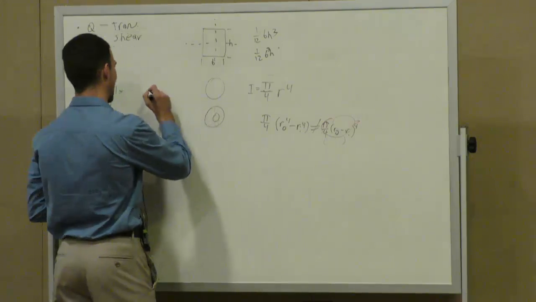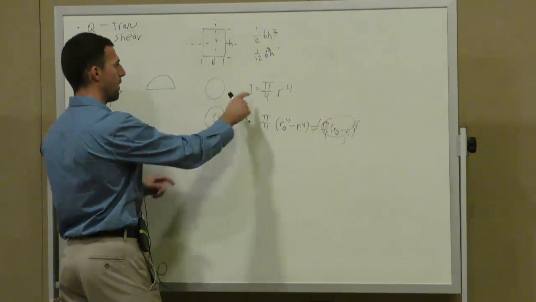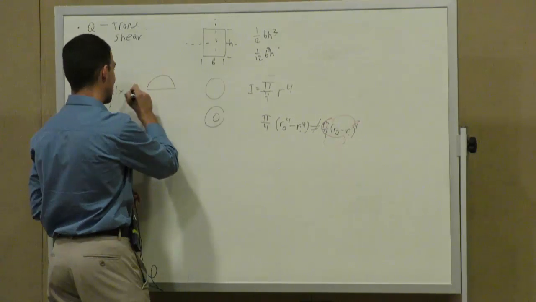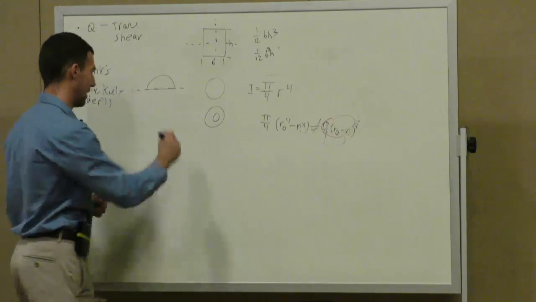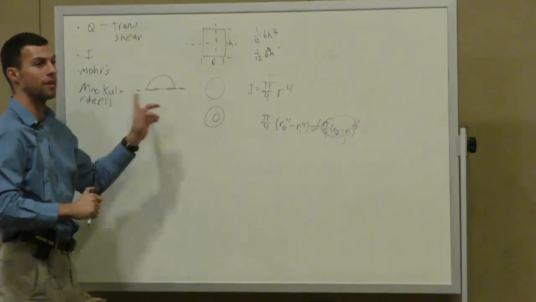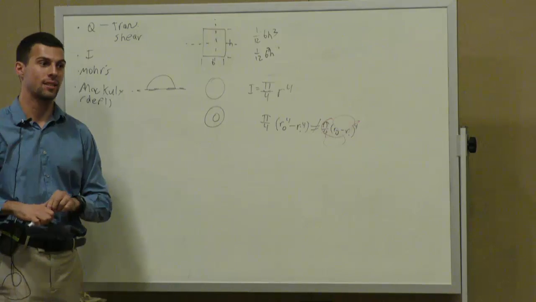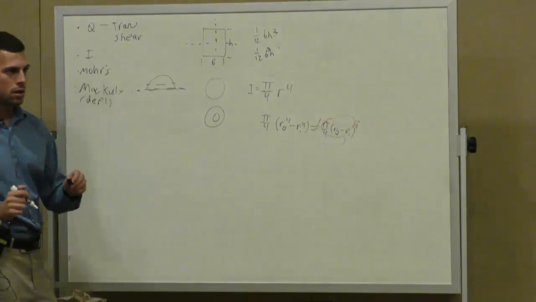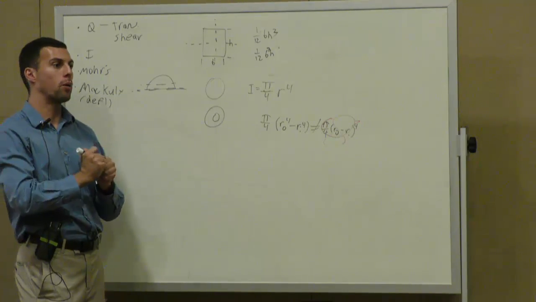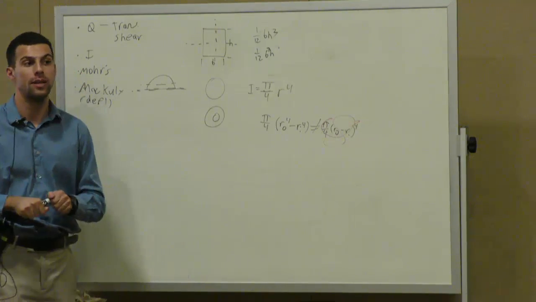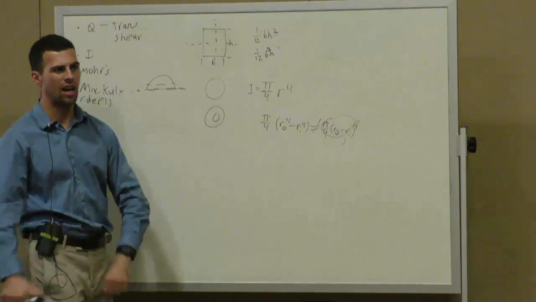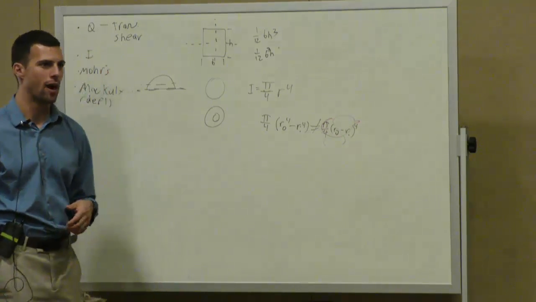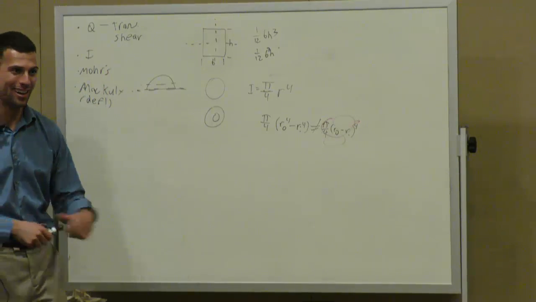In that case, if you use I equal to 1/2 of that, the axis remains the same. The axis stays here, which is not going to be your neutral axis, because your neutral axis passes through the centroid. So the I about your neutral axis is actually going to be different for a semicircle. I don't have that memorized, ergo it's probably not that important.